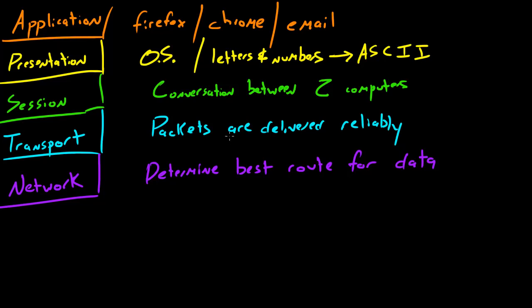Now, say that I wanted to have a conversation with your computer, or I wanted to have a session with your computer. Well, there are probably a million different ways for data to be sent from my computer to your computer. So what this network layer is going to do is it's going to determine the best, most reliable, and fastest route. Now, how does it do this? Well, it does this because on your packets, there is not only the address of where it came from, which would be my IP address, but also the IP address of your computer, where it's going.